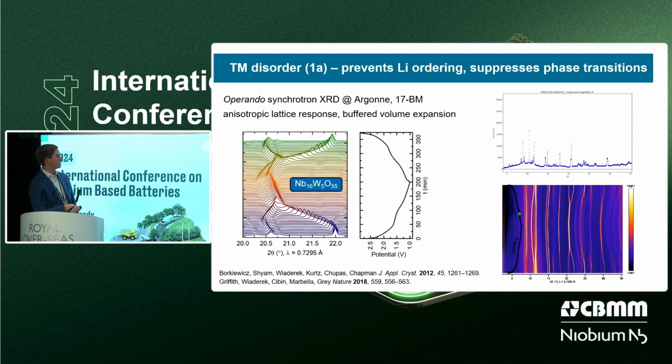But moreover, what we see is that some of our reflections are shifting to higher 2 theta, some are shifting to lower 2 theta. What that means is some of the dimensions of your crystal structure are expanding while others are contracting. So this is a highly anisotropic evolution, but that anisotropic evolution leads to a kind of buffered volume expansion. So you have these layers expanding and you have the block contracting.